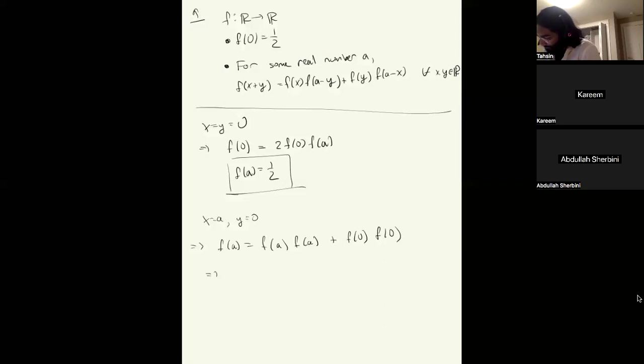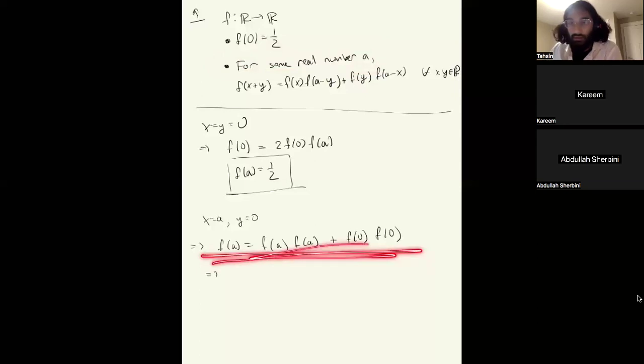But you see here, a is something fixed, right? So the point here is that when we say for some real number a, we don't know what it is, but it's fixed. So whatever information we get from here, it will only apply to f of a.